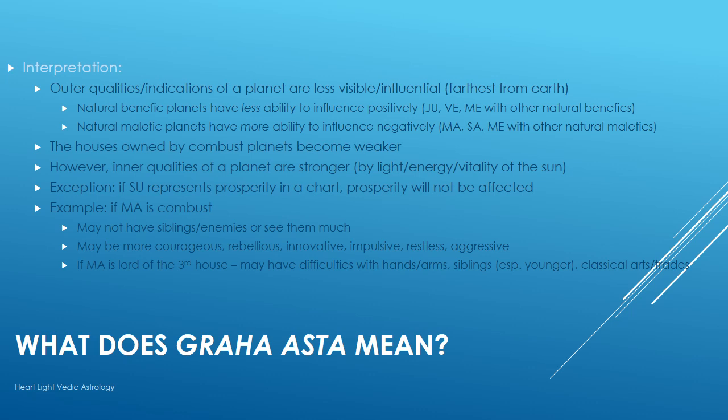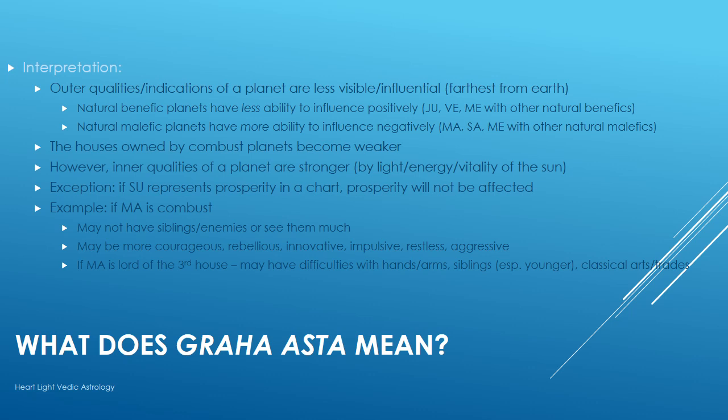And combustion is part of that. So if a natural malefic, which is Mars, Saturn, and Mercury, if Mercury is associated or aspected by other natural malefics, then those become more malefic, and their influence of malefic energy is more present.